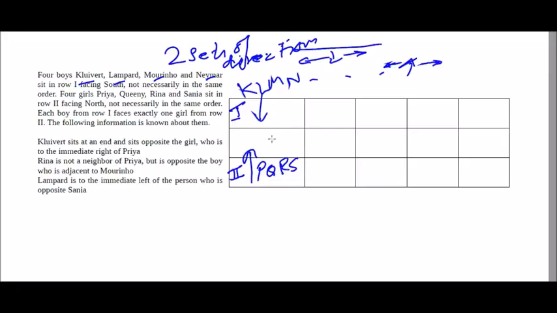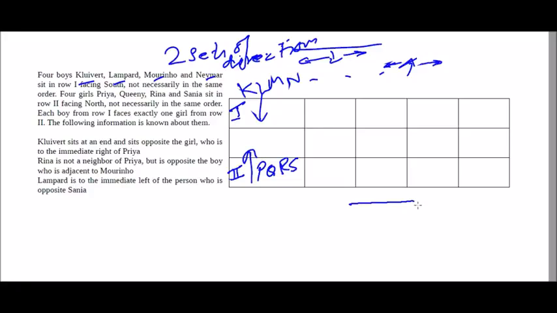Now, before we go to them, we need to assume directions for them. Just like with linear arrangements, we can assume any direction as left or right. Only thing is, whatever direction you assume for row 1, the opposite should be for row 2.